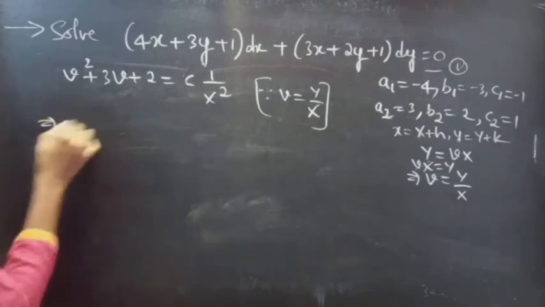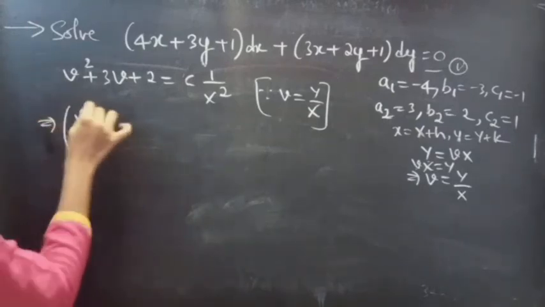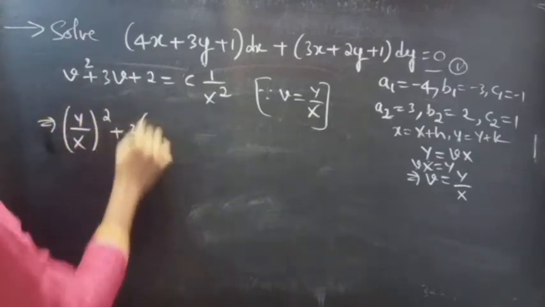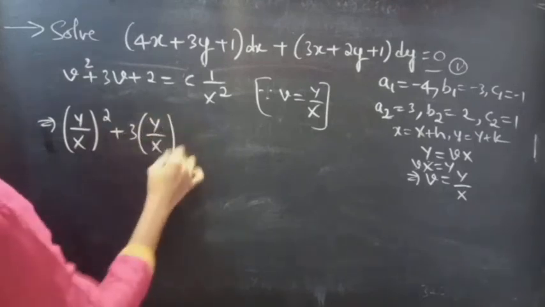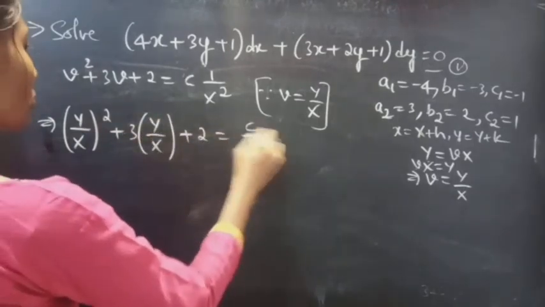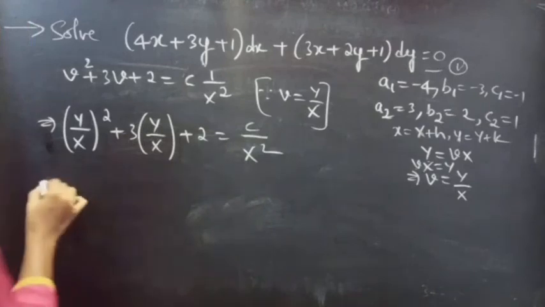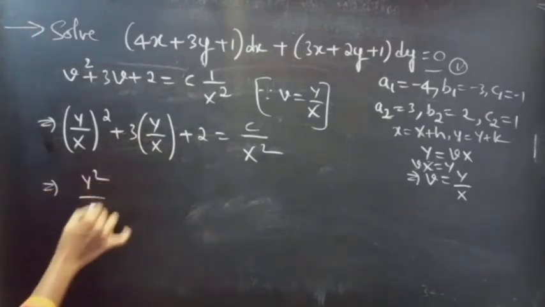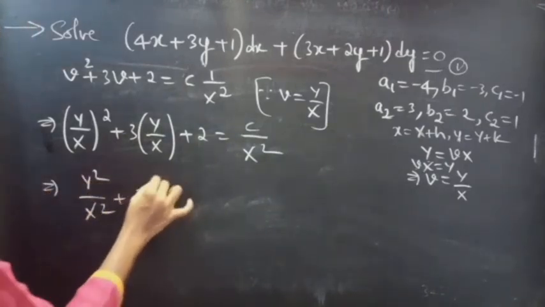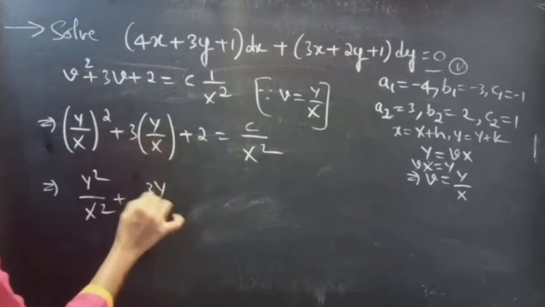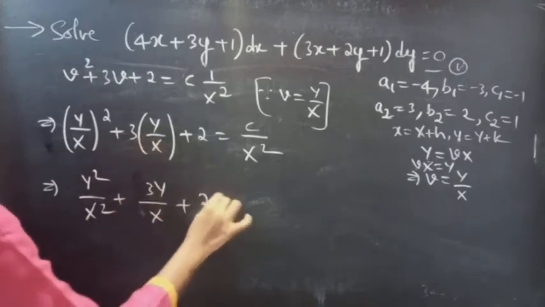Then we'll get (y by x) whole square plus 3 times y by x plus 2 equals to c by x square. Then y square by x square plus 3y by x plus 2 equals to c by x square.